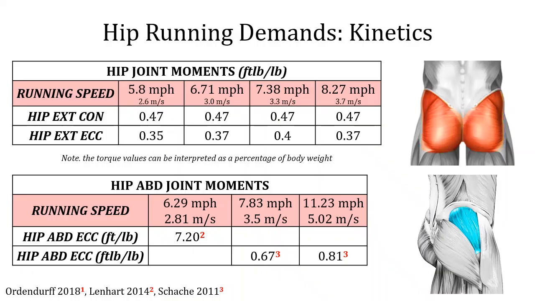Hip abduction joint moments. So we can see the different running speeds here. You can see that they're different running speeds than what was previously shown in the tables above and at the knee, and this is simply because it's a different study, because the study in question, Ordendorf 2018, did not look at the frontal plane hip moments.